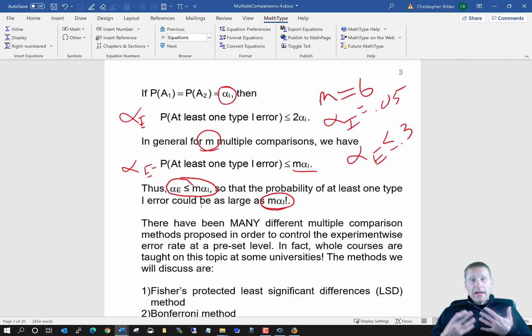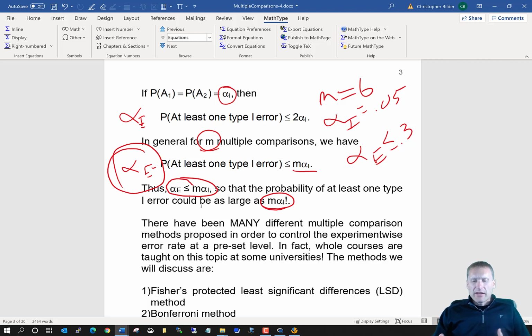To take into account that the experiment-wise type 1 error is not the same as each of the individual type 1 errors, meaning it's not only 0.05 but likely something larger, many different multiple comparison inference procedures have been developed to either state alpha sub e or bound it, give it an upper bound of what it could actually be.